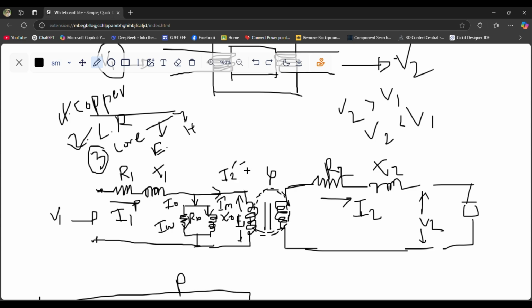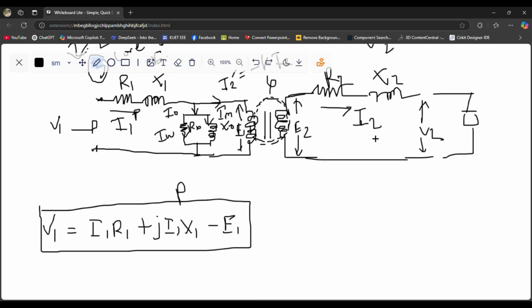Okay, so I2 prime is equal to negative of K I2, and obviously there will be the induced voltage E2, because this flux will cut this coil.